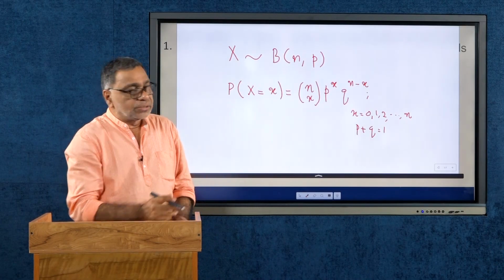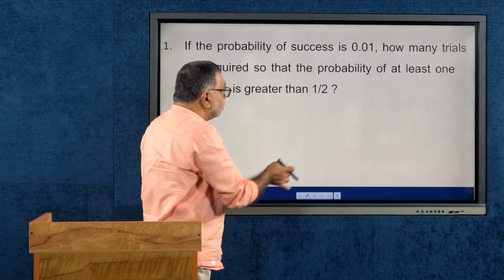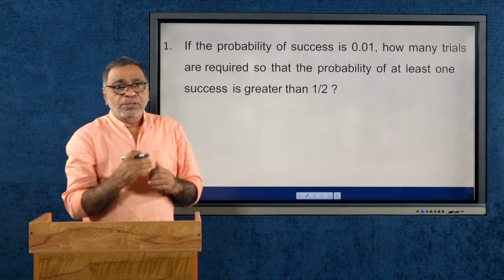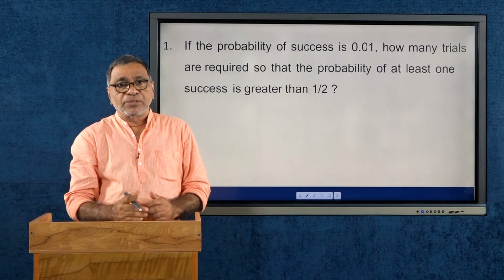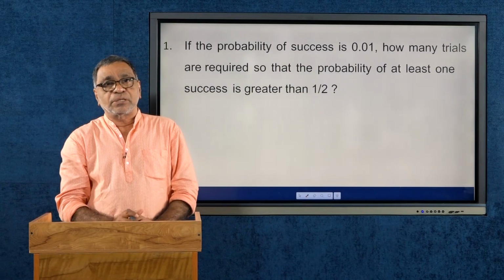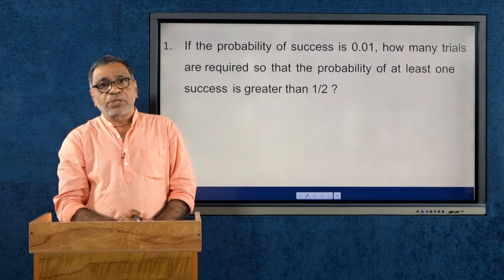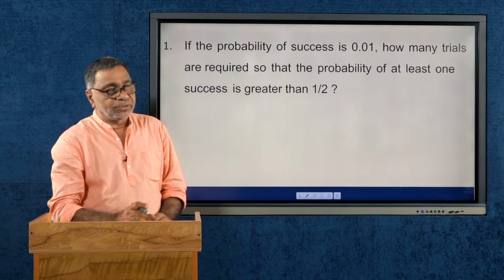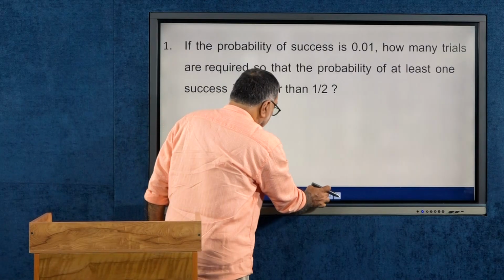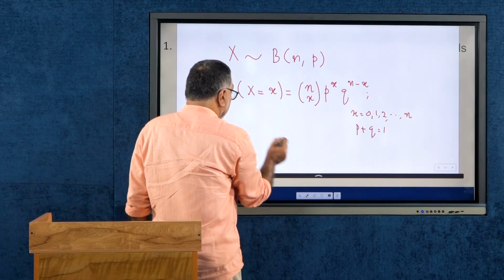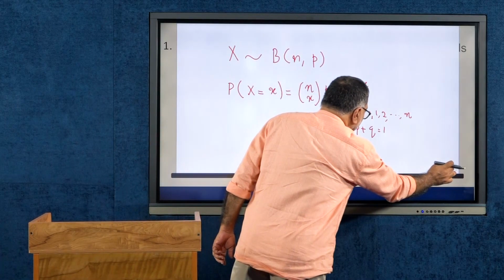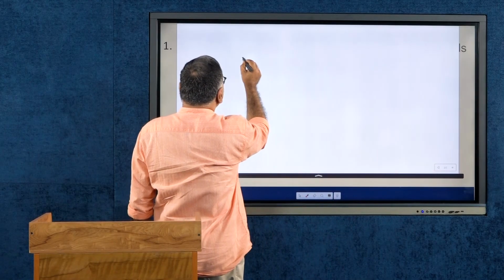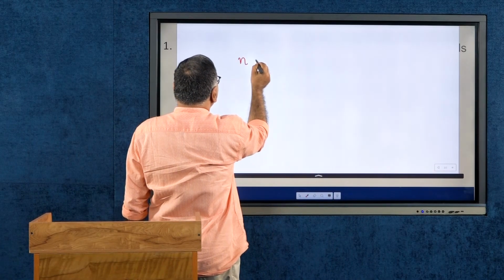The question is actually, what is the number of trials required, or how many trials are required, so that the probability of at least one success is greater than 1 by 2. That is, we had to find the number of trials required.